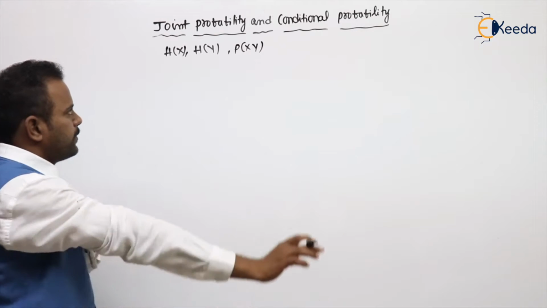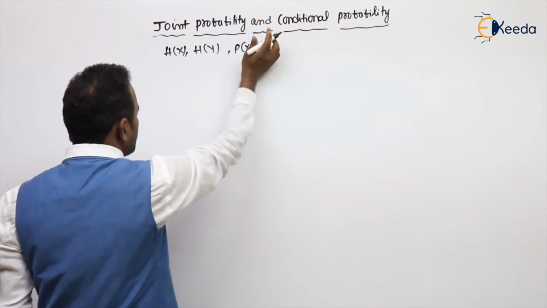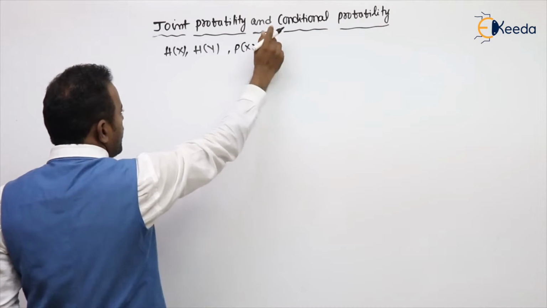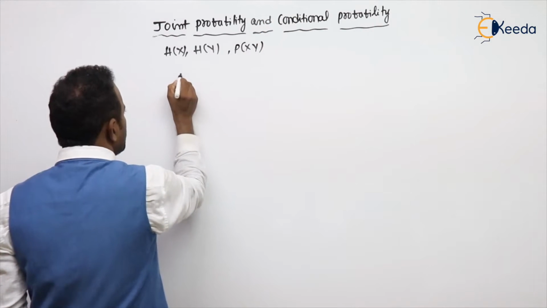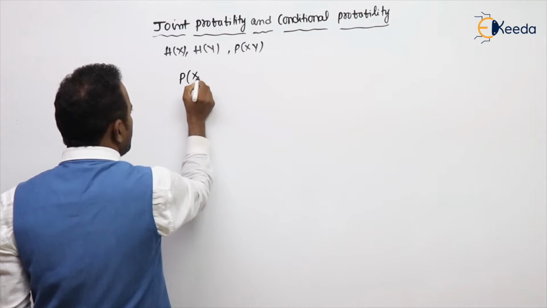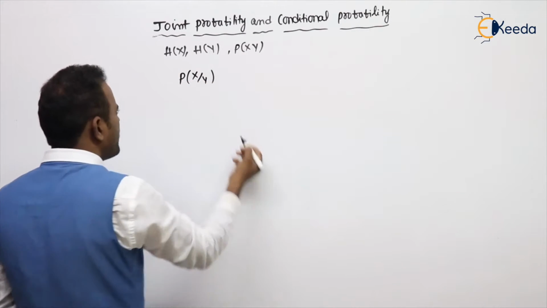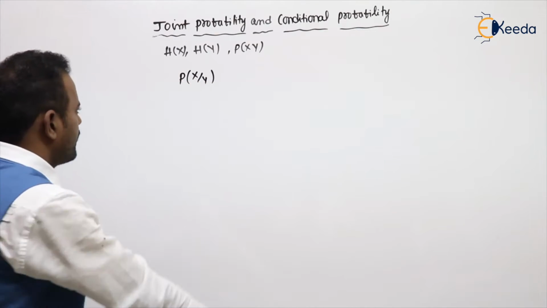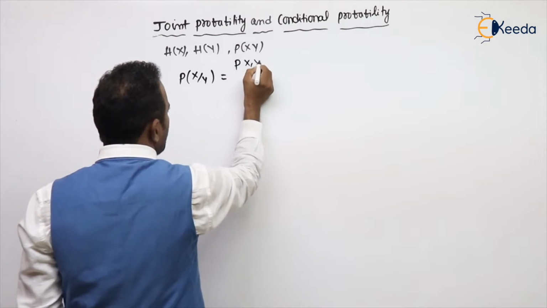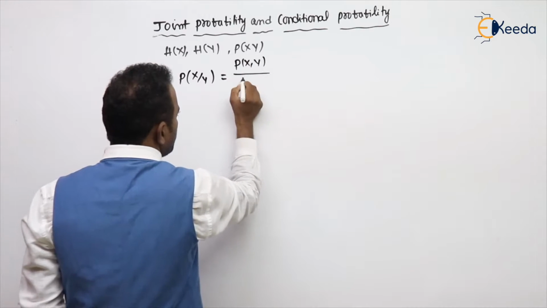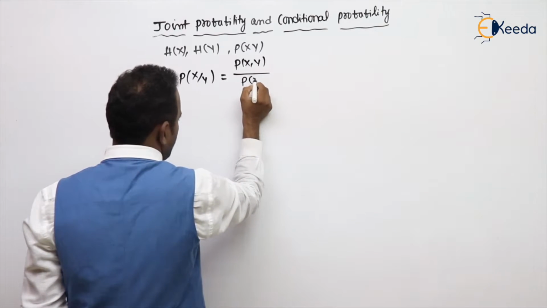How to calculate the conditional probability? Finally, I will give the entropy for the conditional probability also. What is the conditional probability? Let's take P of x by y or y by x, anything you can take, it's not a matter. What is this formula? P of xy by P of y.